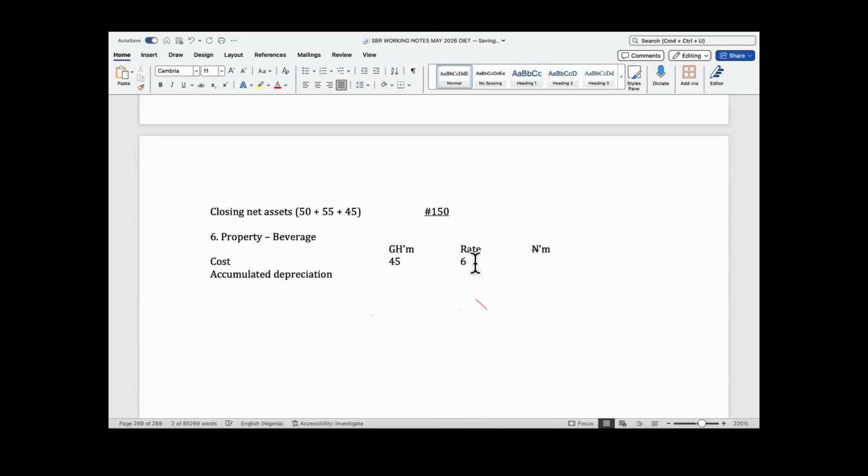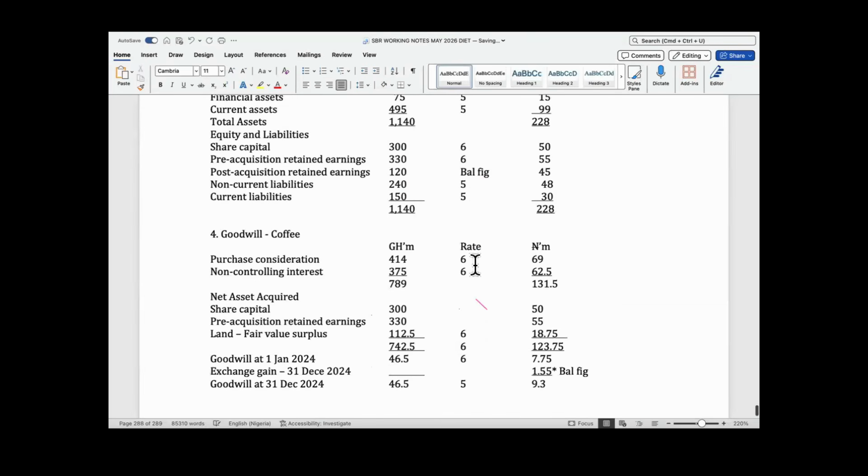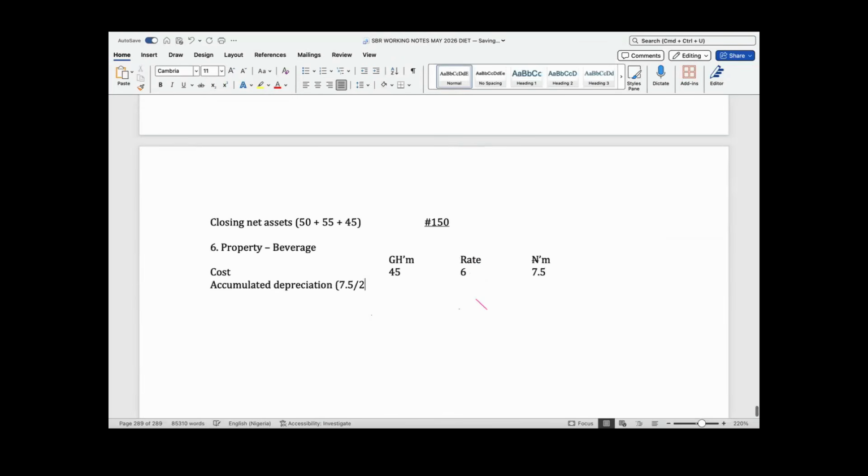Okay, can you translate this for me, please? 7.5. So let me work with the Naira value. So 7.5, what was the useful life that they told us? 20 years. Divided by 20.